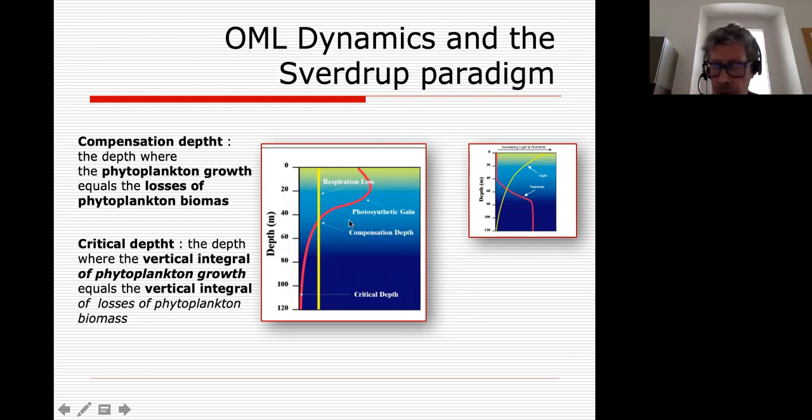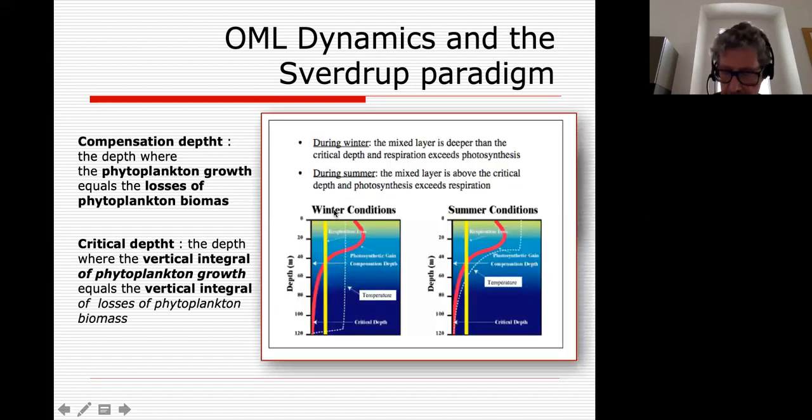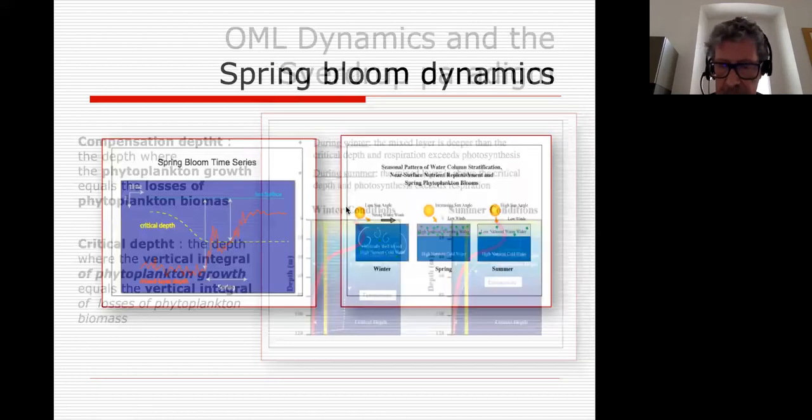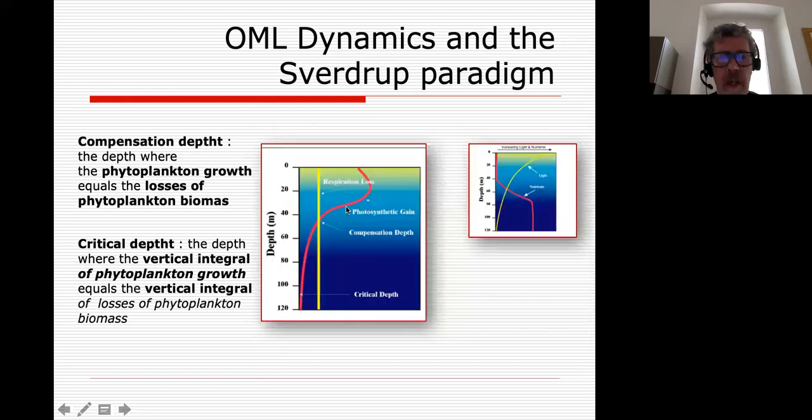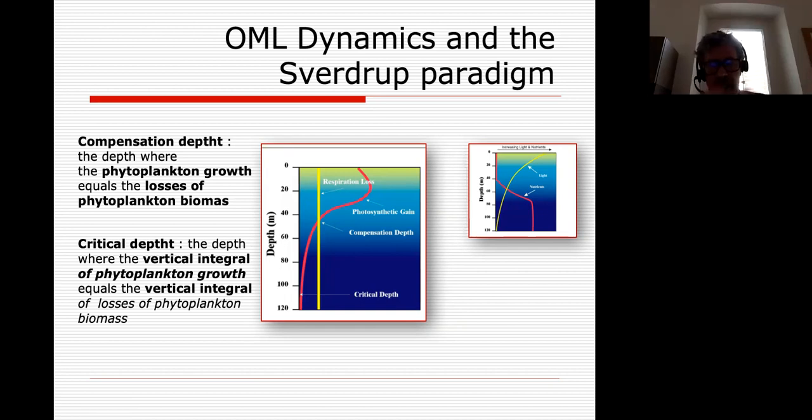The algae can grow, because the growth rate is stimulated by the availability of carbon, nutrients, and light in the upper part, but surely they cannot grow without light.